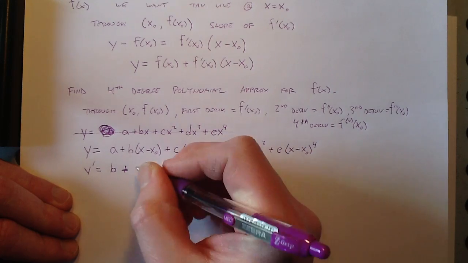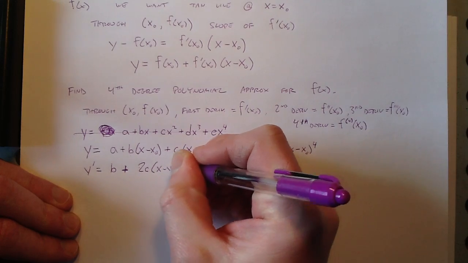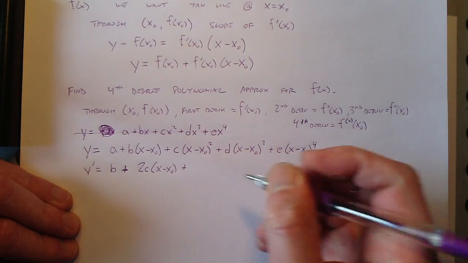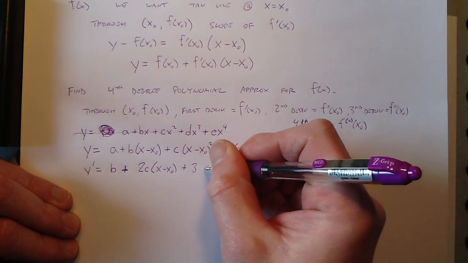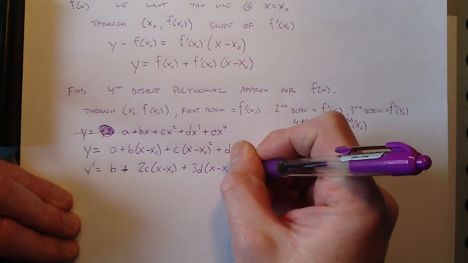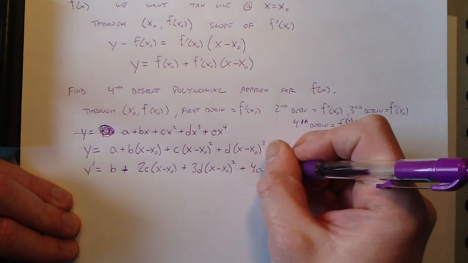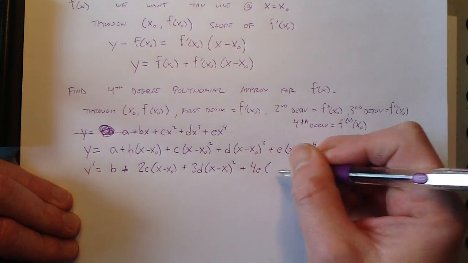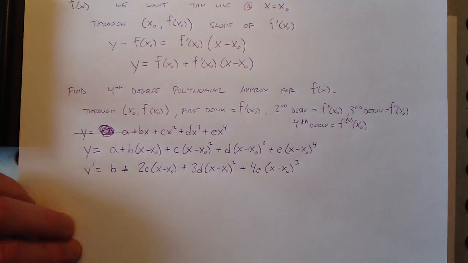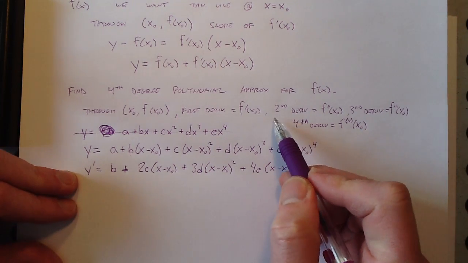And then here, we get 2c times x minus x sub 0, right? The 2 comes out to the front, exponent drops by 1, and then 3d times x minus x sub 0 squared plus 4e times x minus x sub 0 to the 3rd, right?